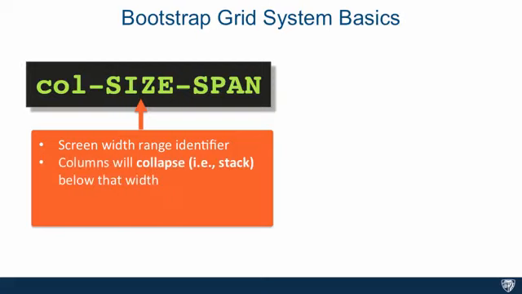In other words, they'll stack one upon each other below that width. So if the screen width is 1200 pixels and above for, let's say, a large size, it will go ahead and honor whatever you specified in this column dash size dash span. But if the screen width is below 1200 pixels, this class will no longer apply.